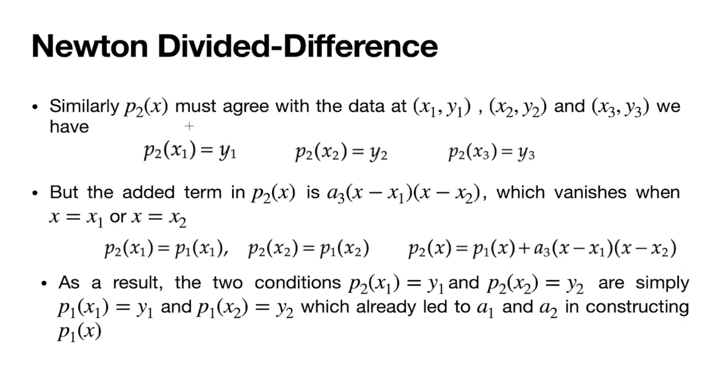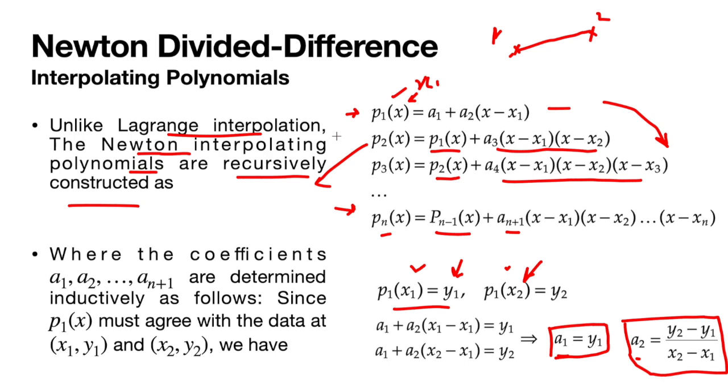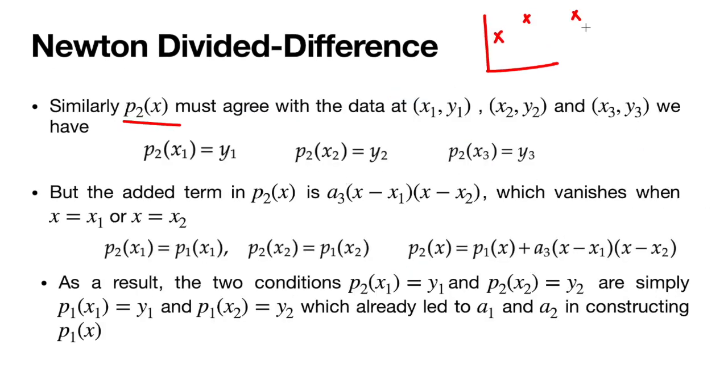Similarly, we see p2(x), the second degree Newton divided difference polynomial. The first degree passes through the 2 points only, x1 y1 and x2 y2, but the second degree polynomial passes through 3 points: x1 y1, x2 y2, and x3 y3. For the second degree polynomial we have this equation, and it must satisfy all these points.